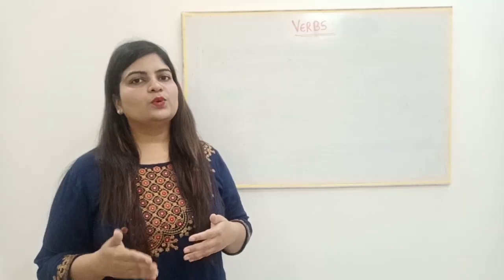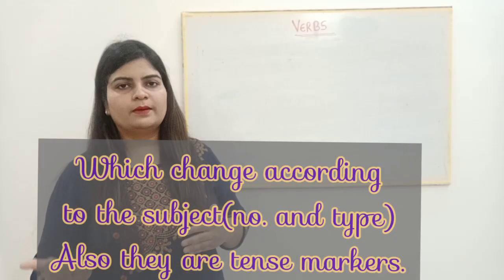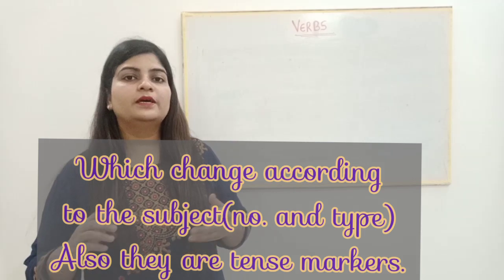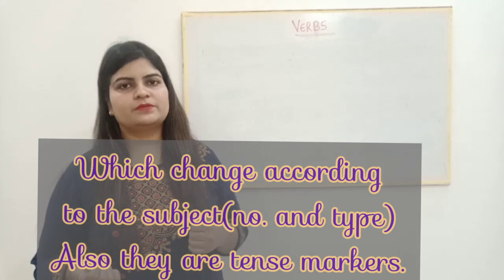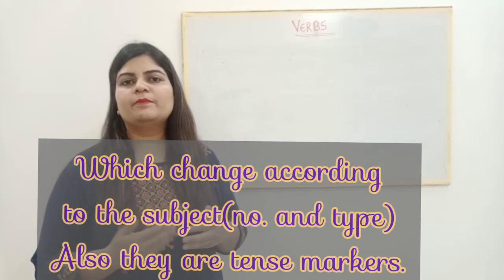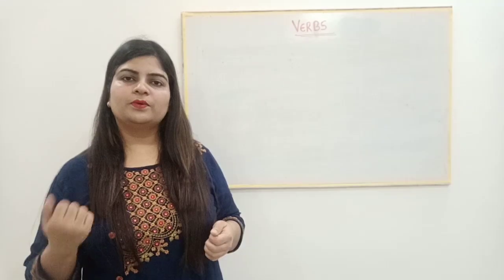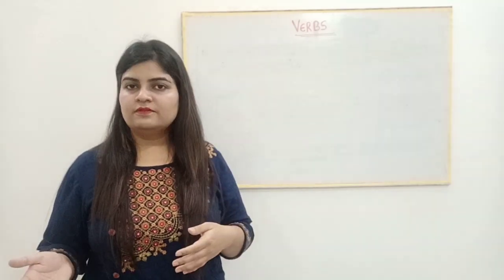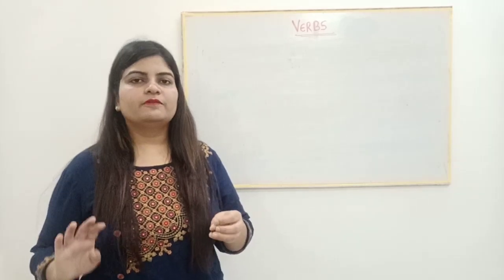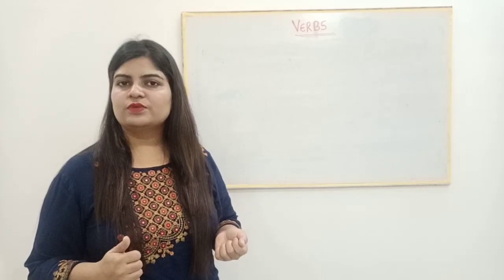Finite verbs are those verbs which change according to the number of person, that is the number or type of subjects. By type of subjects, I mean whether they are singular or plural. So, those verbs which change themselves according to the number and type of the subject, we will call finite verbs. Let's understand this with an example.